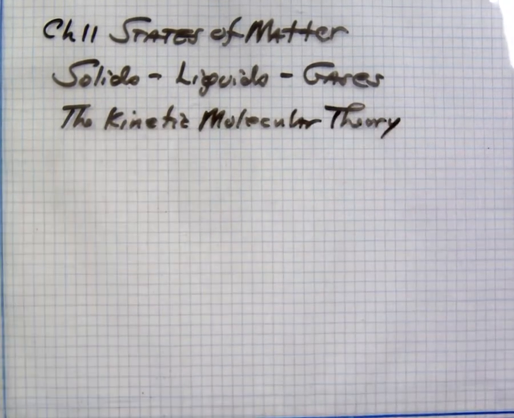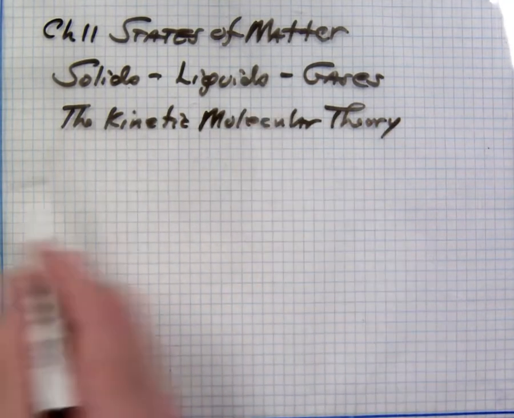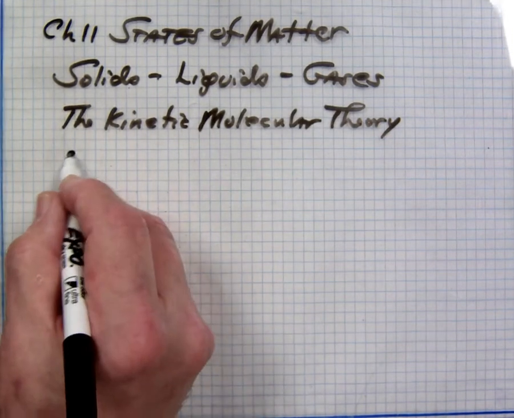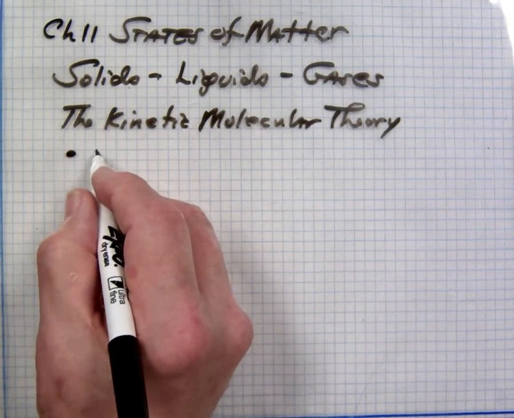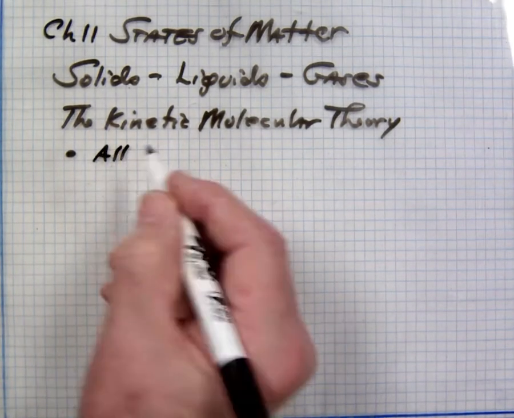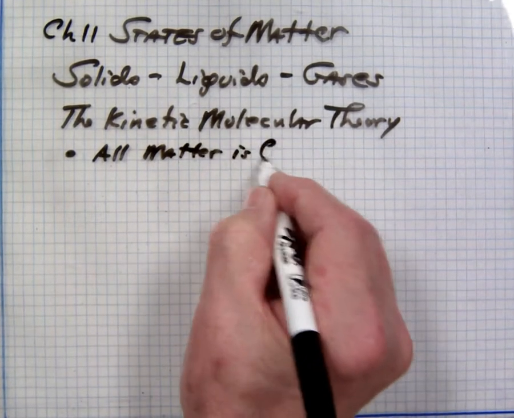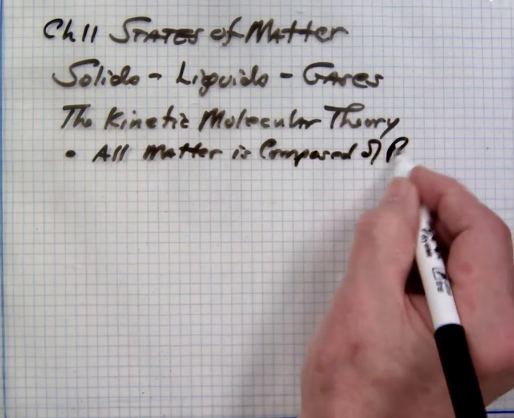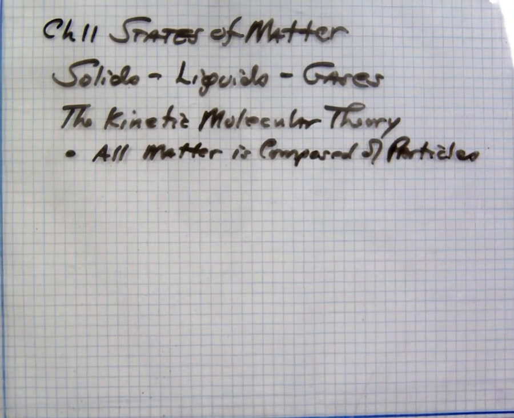Now, as we start our study of states of matter, we need to have some scientific method by which we can describe the solids, the liquids, and the gases. Well, we know from the kinetic molecular theory that all matter is made up of particles: molecules, elements, and so forth.